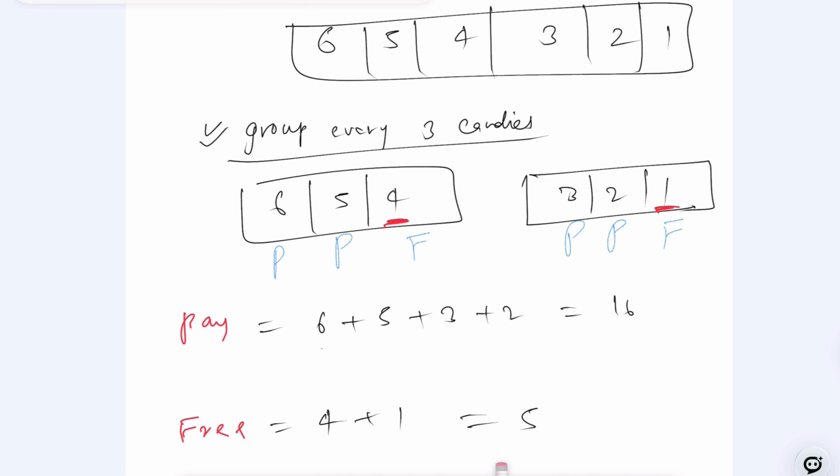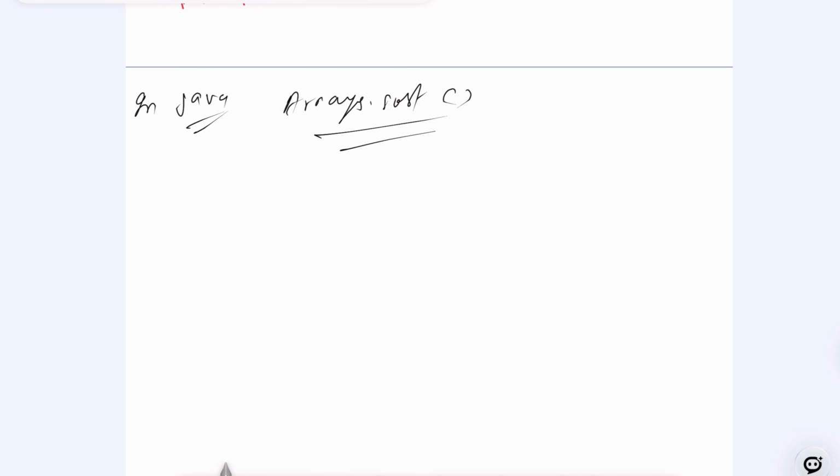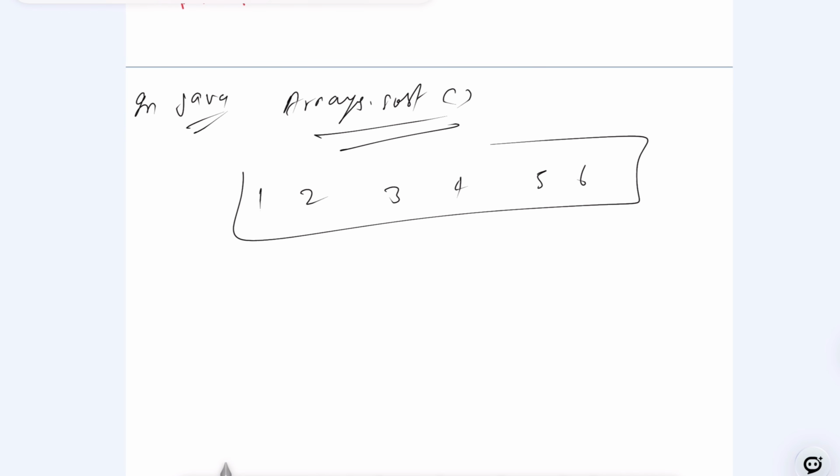Means what I'm trying to say is, in Java there is Arrays.sort, and when you do Arrays.sort, it will sort in the form 1 2 3 4 5 6. So what you should do is process from the end.